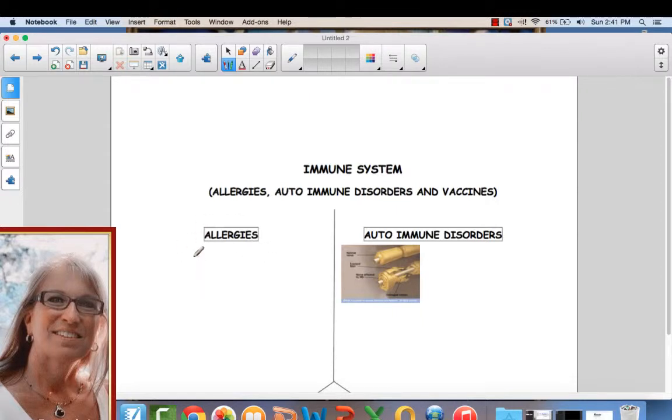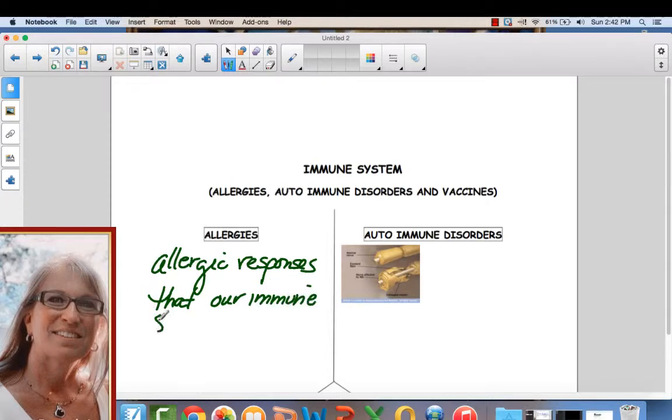Okay, what are allergies? Well, allergies are allergic responses that our immune system launches against non-pathogens.